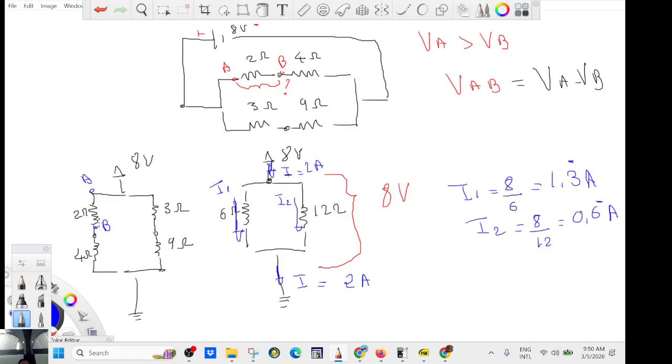So once I have that, now I have I1, which is 1.333, and I have here 0.6 amp. So can we find the voltage drop now? Yeah. You see, you have 2 voltage drops. Exactly. So it's going to be 1.333 times 2.